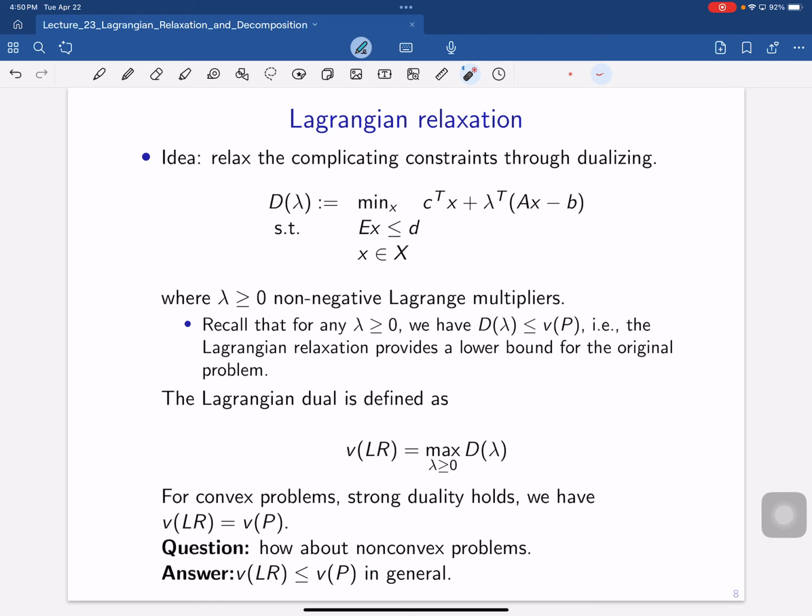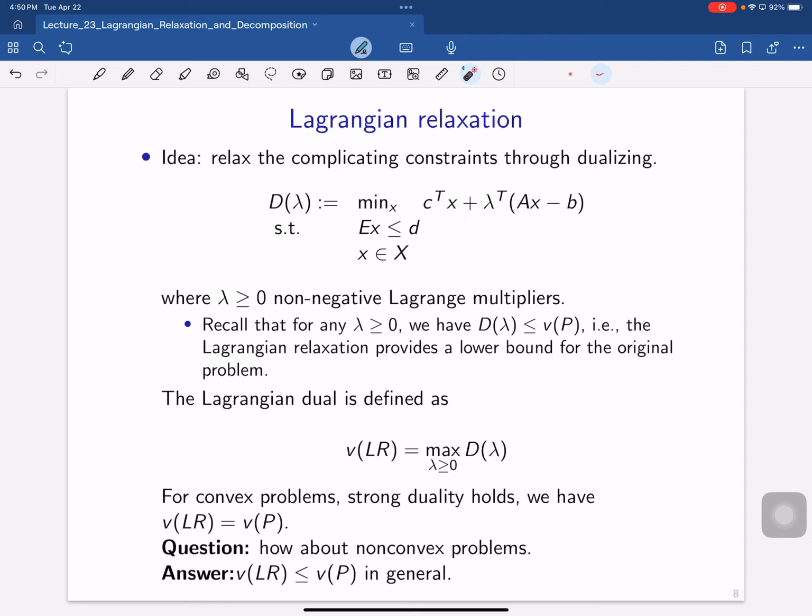Okay. So here, again, the idea of taking the Lagrangian dual is you create a non-negative Lagrange multiplier for the complicating constraint to dualize them, right? So this is like a Lagrangian dual function. For a given lambda, you dualize the complicating constraint.